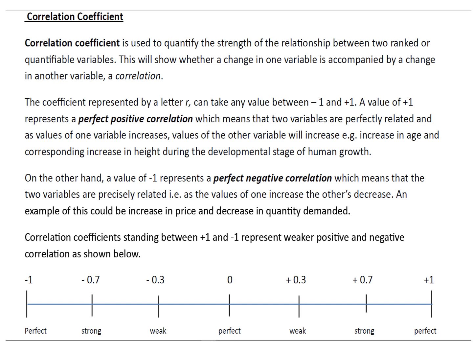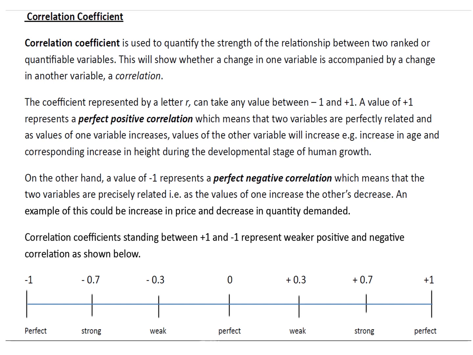On the other hand, a value of -1 represents a perfect negative correlation, which means that the two variables are precisely related. As the values of one increase, the others decrease. An example of this could be an increase in price and a decrease in quantity demanded. So here we can see the scale of the correlation coefficient, standing between +1 and -1, representing weaker positive and negative correlation as shown below.